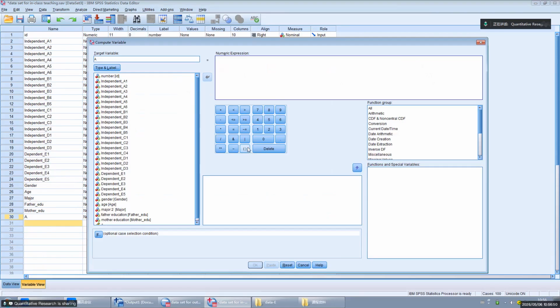You have to use the bracket, and then you use B1 plus B2 plus B3, B4, B5, and then you use the sum divided by 5. Yes. Then okay.